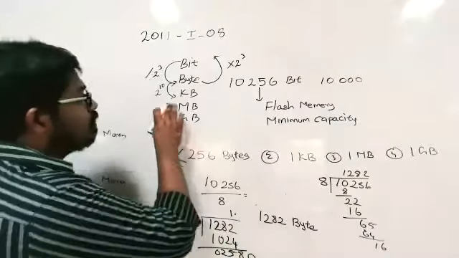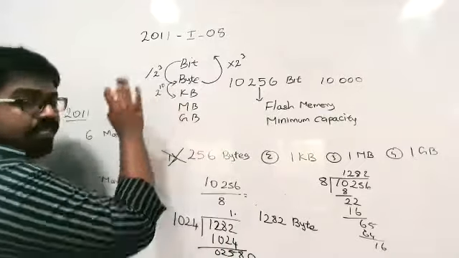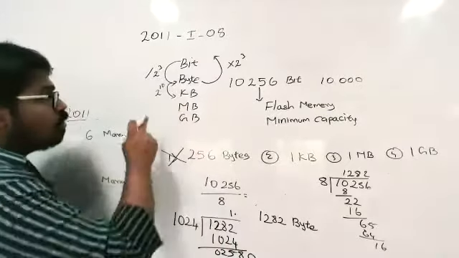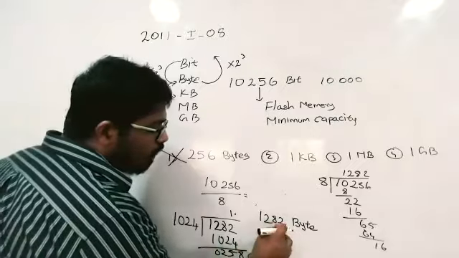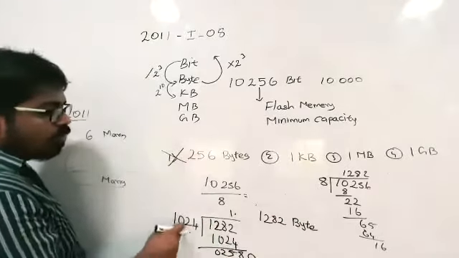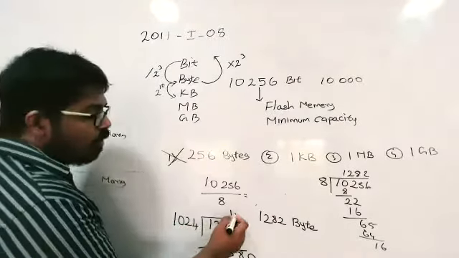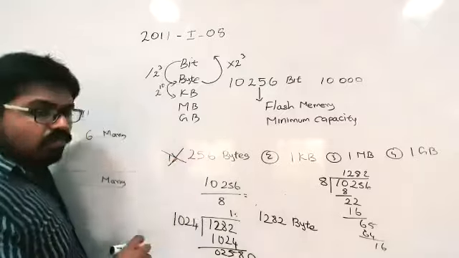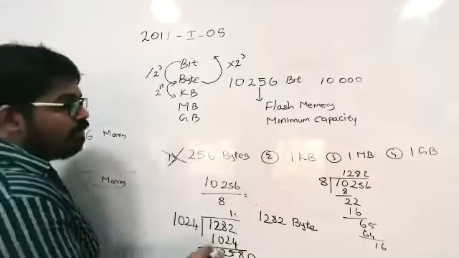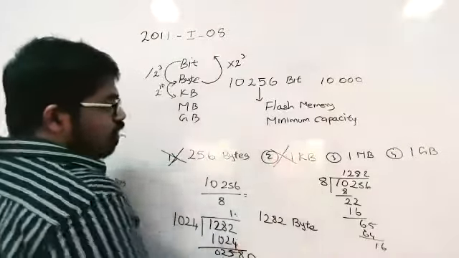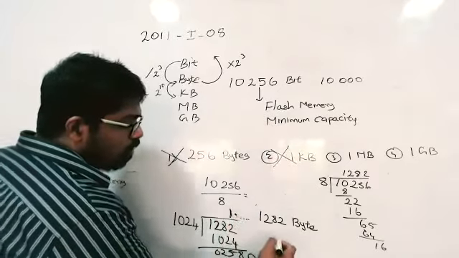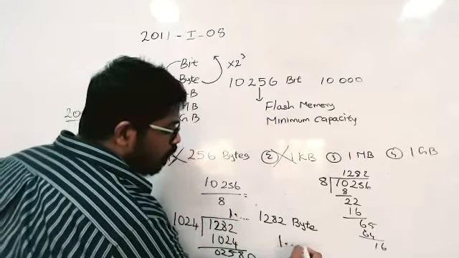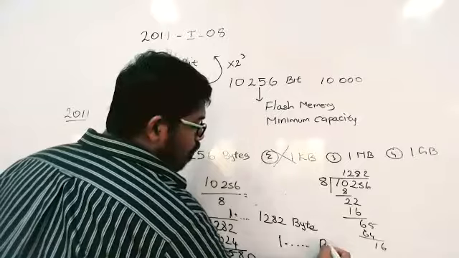Byte to kilobyte conversion, you have to divide it by 2 to the power 10. So 2 to the power 10 means it is 1024. When I divide 1282 by 1024, that is 1 point odd. So greater than 1 KB, so that is not enough. The answer is 1 point something KB.